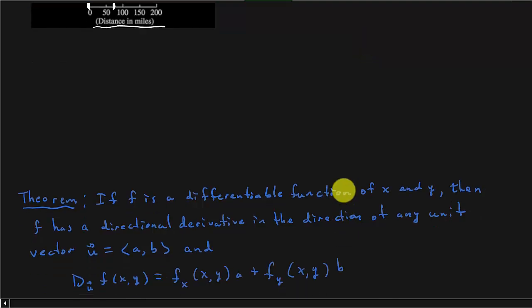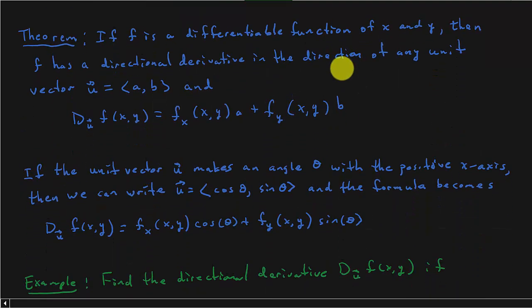Let's look at this. If f is a differentiable function of x and y, then f has a directional derivative in the direction of any unit vector u equals a, b, and the directional derivative of f of x, y is the partial of f with respect to x times a plus the partial of f with respect to y times b.